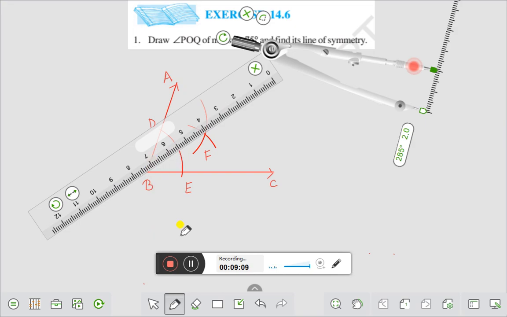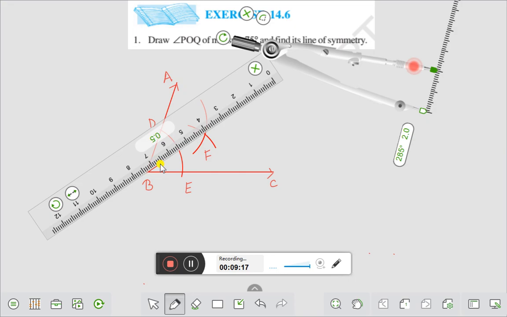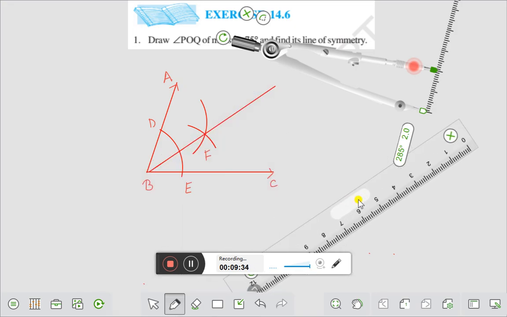We are drawing a line here and giving an arrow.